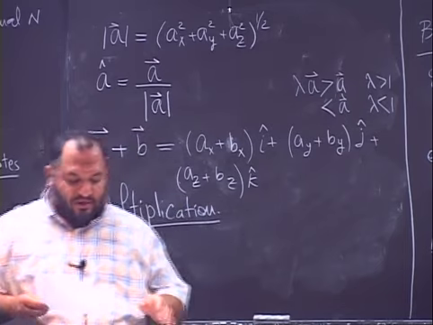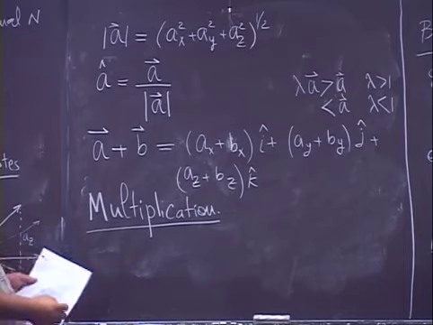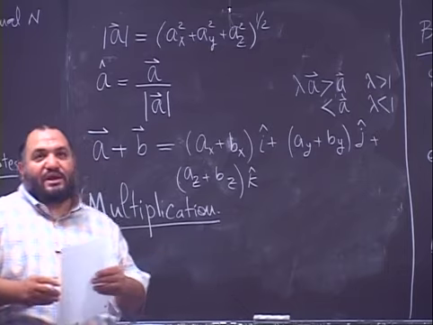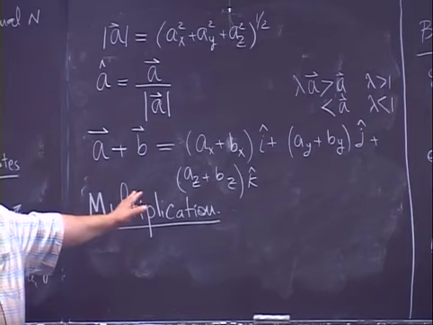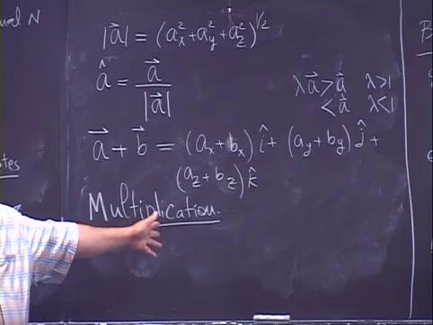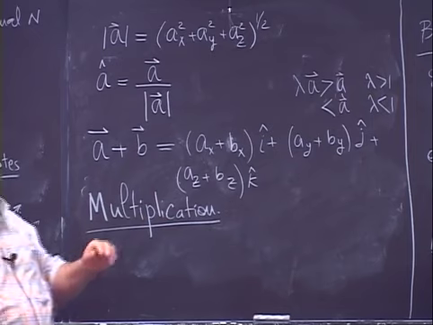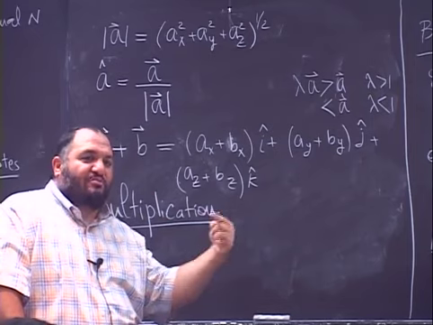The first one is just multiplying a vector by a scalar, as we stated before. At the very beginning of the class, we showed the scalar multiplication of vectors, or vector multiplication by a scalar.